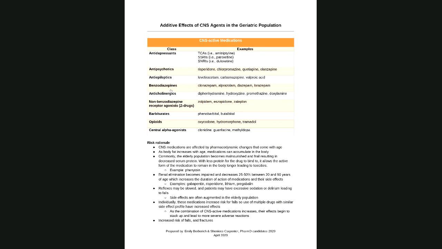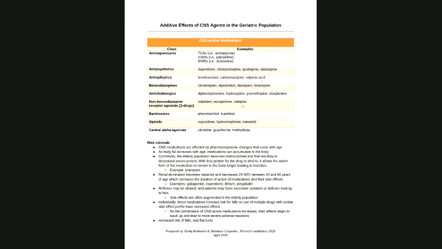Anticholinergic agents, so things like diphenhydramine or Benadryl, hydroxyzine, promethazine, which hits on a couple different receptors, but also has pretty strong anticholinergic activity, and then doxylamine. Our Z drugs are things like zolpidem or Ambien, eszopiclone or Lunesta, and then zaleplon, all used for insomnia.